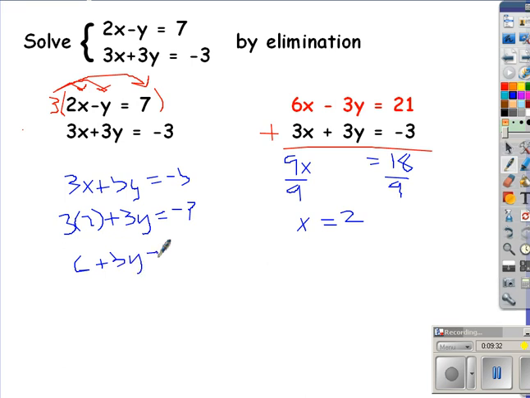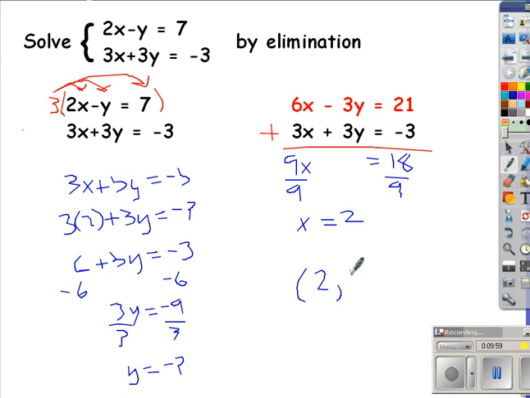Plus 3y equals negative 3. I can subtract 6 from both sides. End up with 3y equals negative 9. And so I divide both sides by 3. y ends up equaling negative 3. So I found x, I found y, I can write my final answer as an ordered pair (2, negative 3).